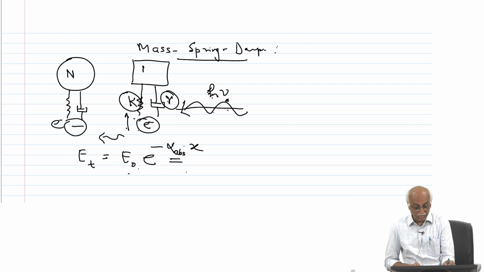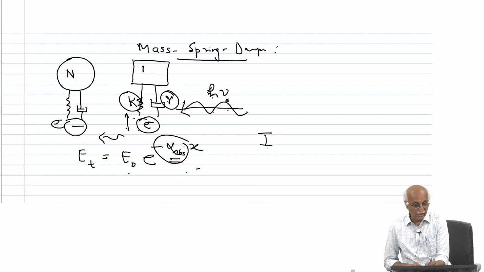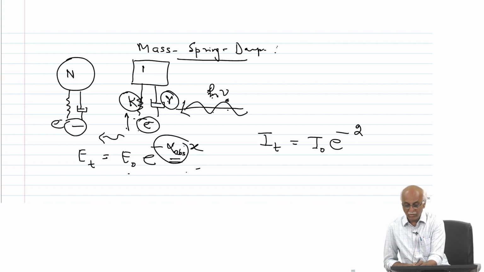So, we will be able to derive this based on this model, and this parameter has a relationship with the intensity, of course not the electrical field. I transmitted corresponds to I0 times exponent of minus 2 alpha x.